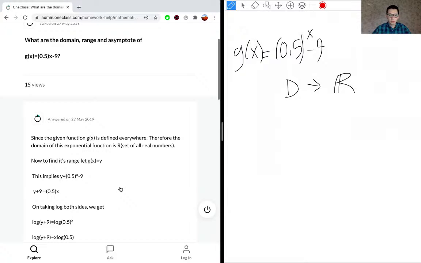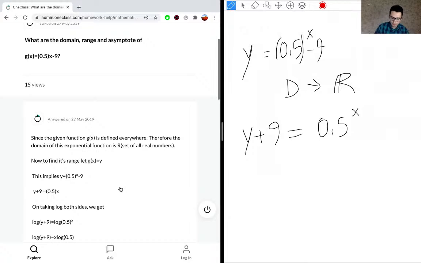For the range or the asymptote, we start off by rearranging the equation. So g of x is also equal to y. We'll just erase this and say this is y for simpler notation. And we'll rearrange the function to get y plus 9 is 0.5 to the power of x. Take the log of both sides.